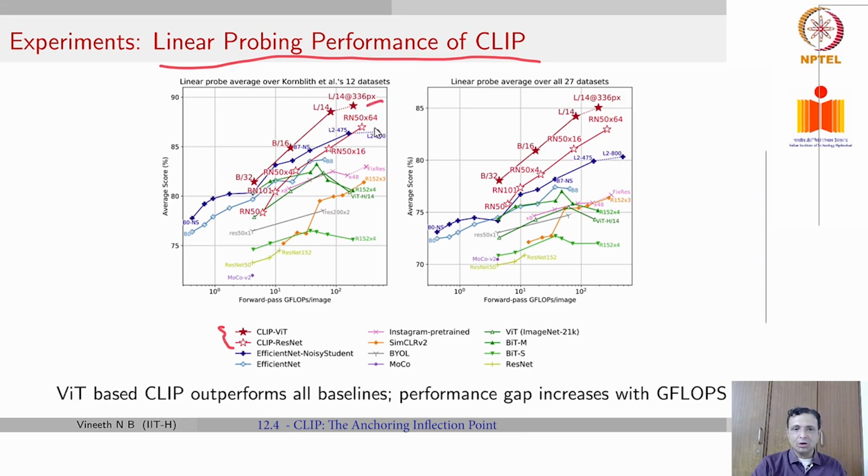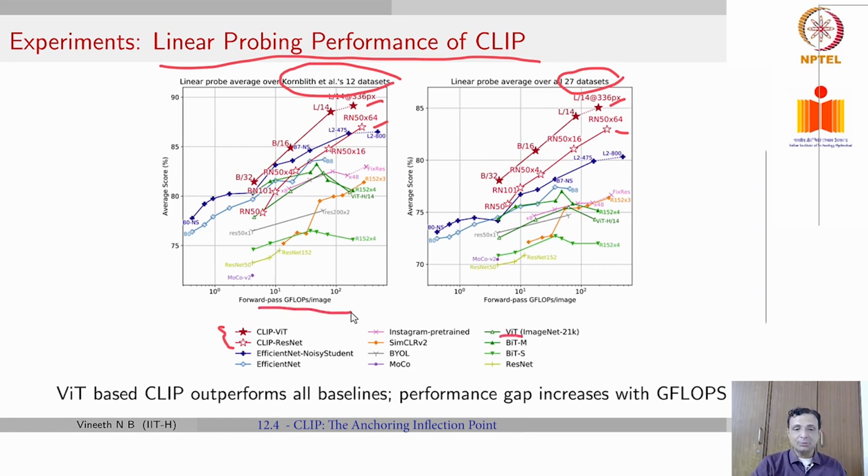You see that they are on top in both the experiments in 2 different cases, one in Kornblith et al.'s 12 datasets and the other on the 27 datasets that we saw on the previous slide. In both these cases, CLIP outperforms pretty much all the baselines, which are standard baselines like EfficientNet and so on and so forth, including even ViTs.